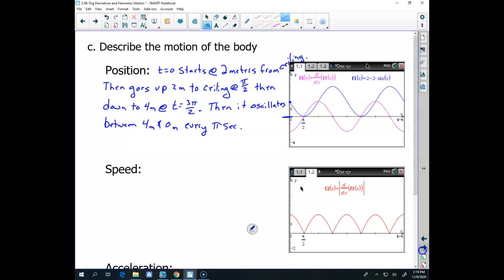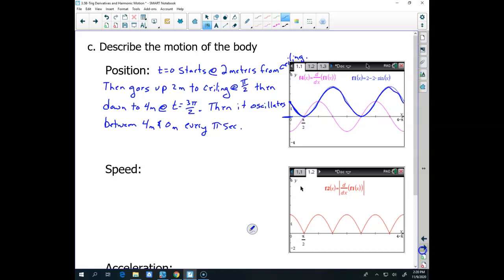I can see my position. I'm starting here. It goes down or up. Okay, so it goes up to the ceiling, down 4 meters, back up to the top of the ceiling, down 4 meters. Then it comes back to where it started.